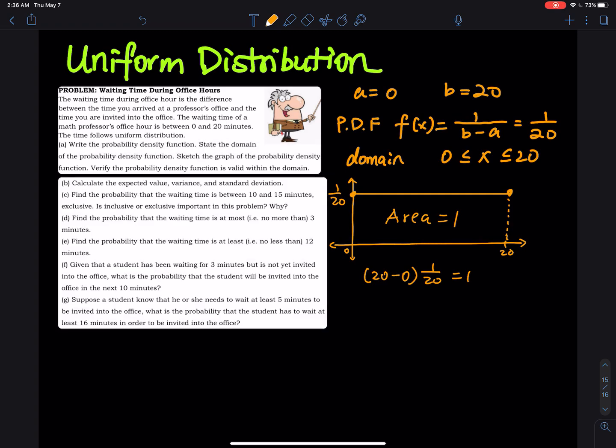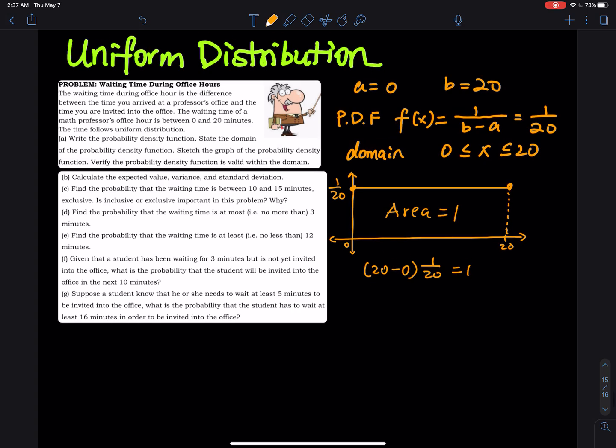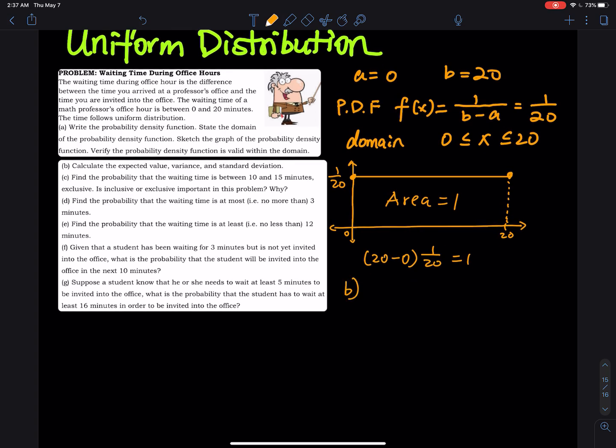So let's do this. Part B: calculate the expected value, variance, and standard deviation. For part B, the expected value, E of X, we have a set of formulas for uniform distribution only. So the expected value is 1/2 times A plus B, which is 1/2 times 0 plus 20, that equals 10 minutes. This is in minutes. So that means on average, you have to wait 10 minutes in order to go into the office. And then the variance is 1 over 12 times B minus A squared.